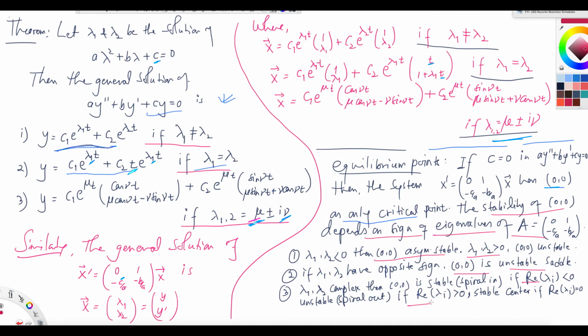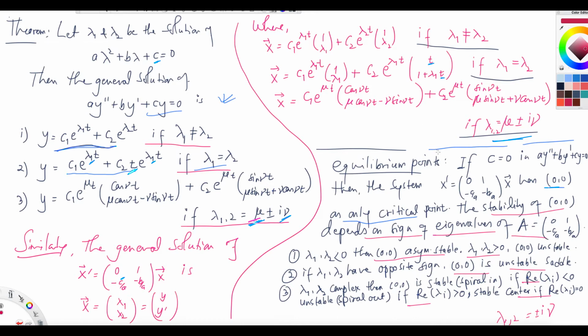And if the real part is 0, then λ1 and λ2 are just plus or minus iν, purely imaginary eigenvalues. In that case we get (0, 0) as a center. You know what that means from chapter 3. A center is considered stable, okay?